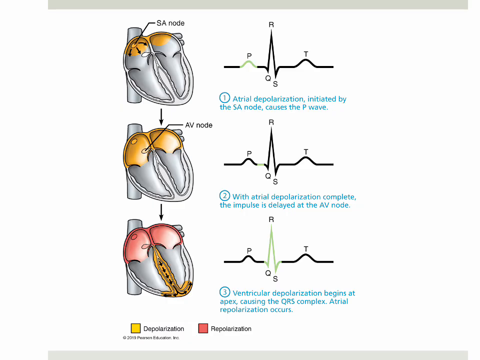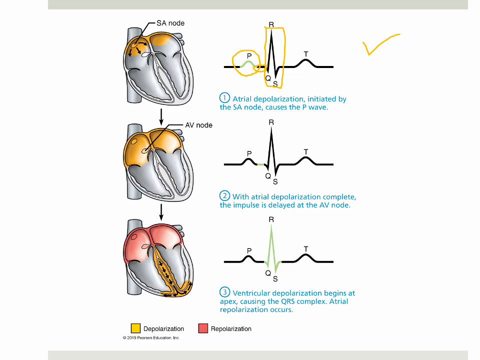All right, going back to our little diagram, we know where the different nodes and branches are, so we're going to go back again. The atrial depolarization happens, stimulating atrial contraction, right? Then the depolarization is complete, and then the depolarization of the ventricle walls happens, helping to create the next contraction.